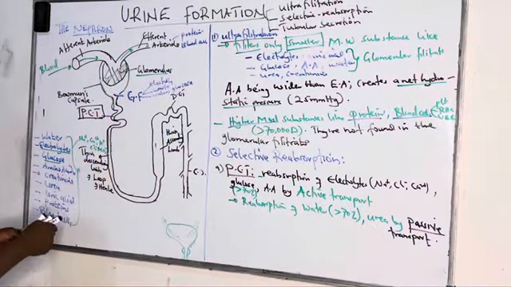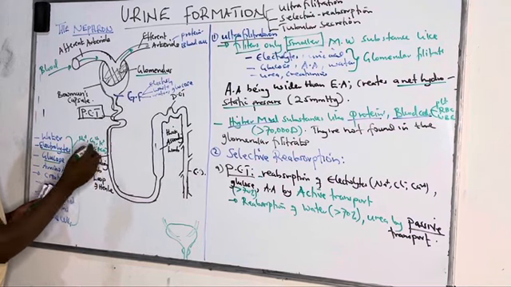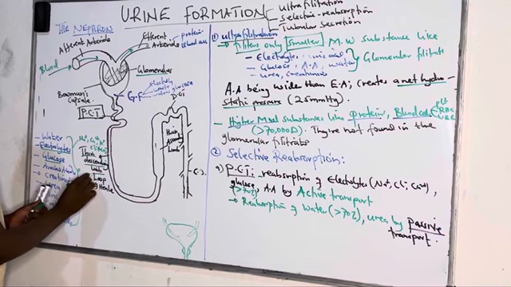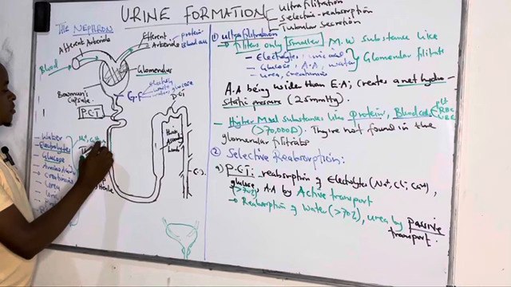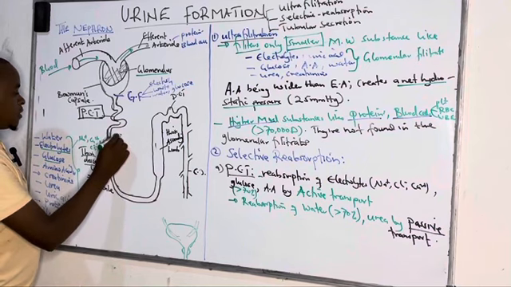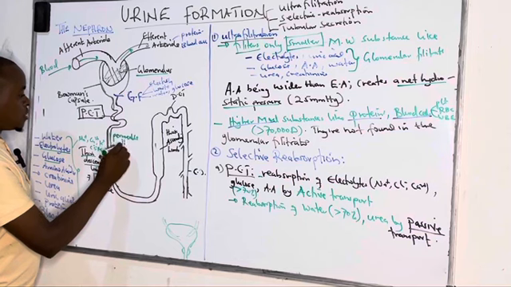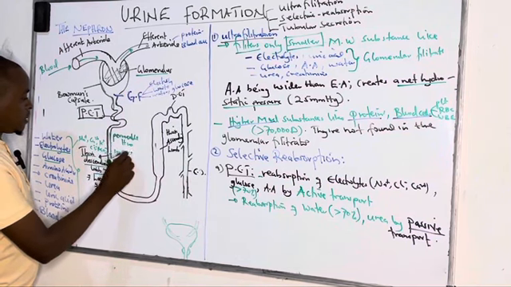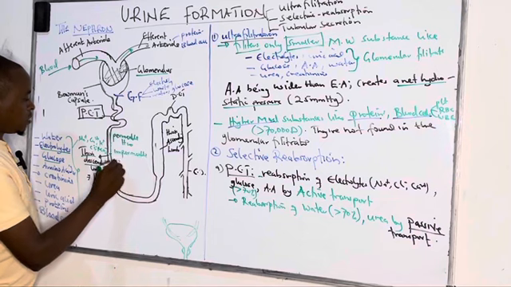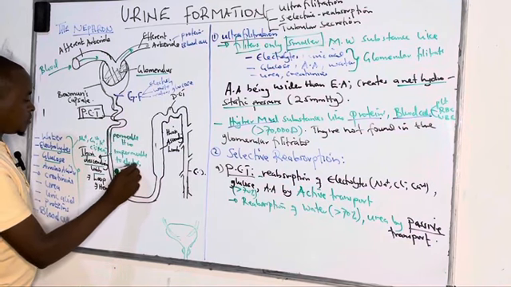Then from the PCT, the glomerular filtrate continues to descend via the thin descending limb of the loop of Henle. This descending limb is permeable to water. It has the aquaporins, so it is permeable to water, but impermeable to electrolytes.